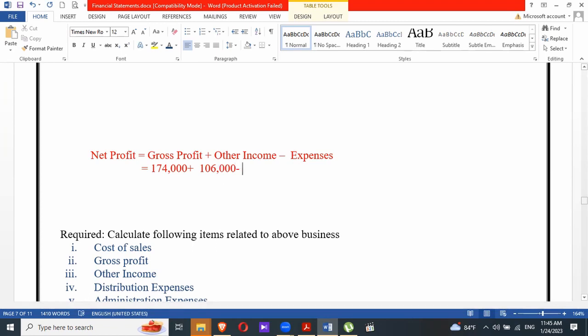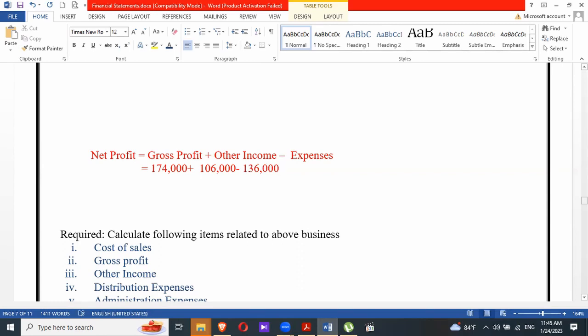Then minus expenses. There are 4 types of expenses. Distribution 45, administration 51, financial 22, and other expenses 18. Altogether, total expenses is 136,000.